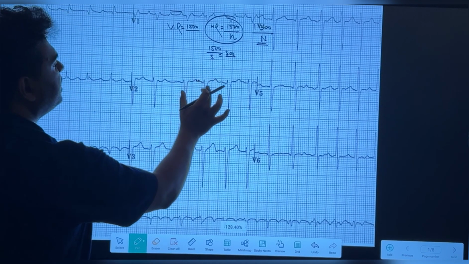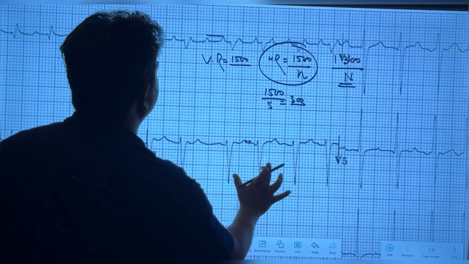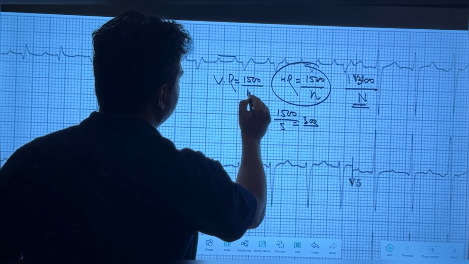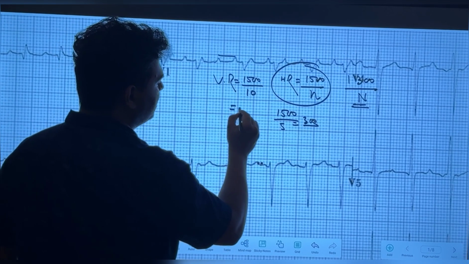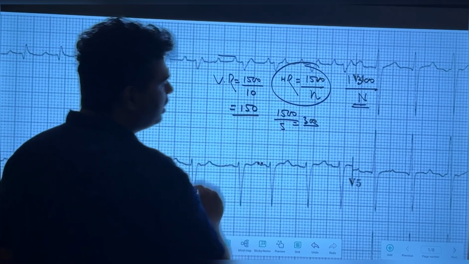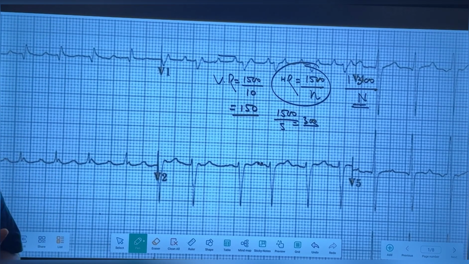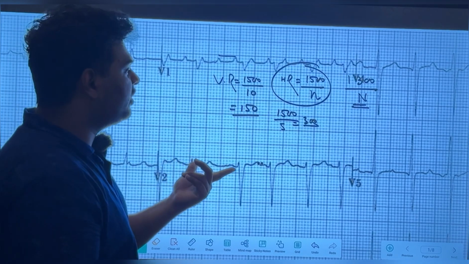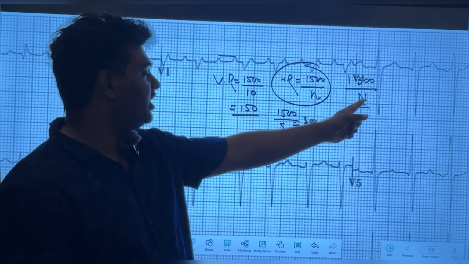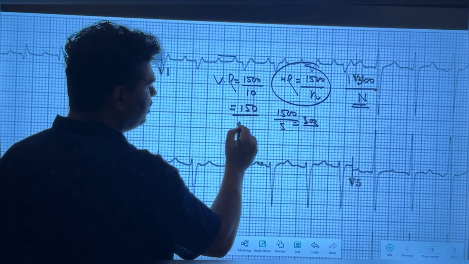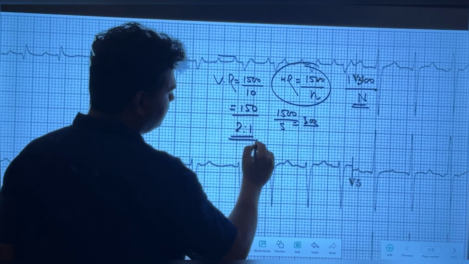There are 10 small boxes. So the ventricular rate will be 1500 by 10, that is 150. So now we have very high chances that it can be atrial flutter. And what kind of atrial flutter? Atrial rate is 300, ventricular rate is 150, so it can be 2:1 type of atrial flutter.